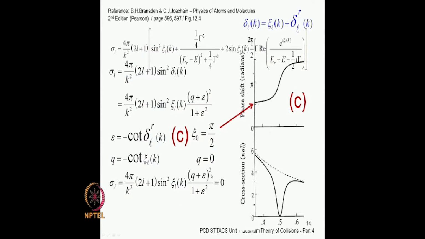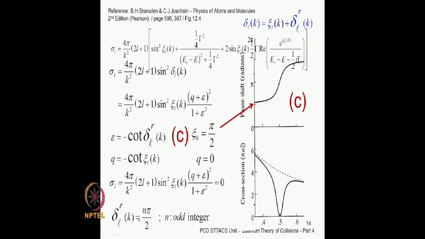In case C, the background phase shift is pi by 2, and q is 0, and when q is 0, you have only the square of epsilon in the numerator in this formula. Okay? But what is epsilon? It is related to the resonance phase shift, and the resonance phase shift is pi by 2.